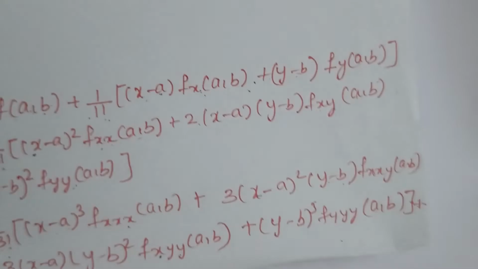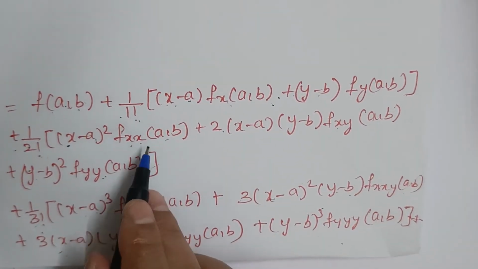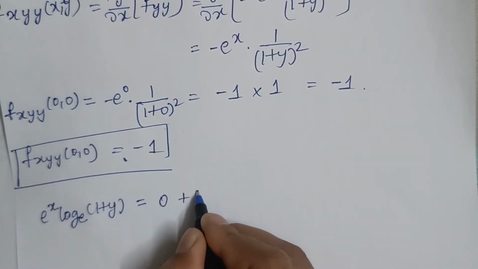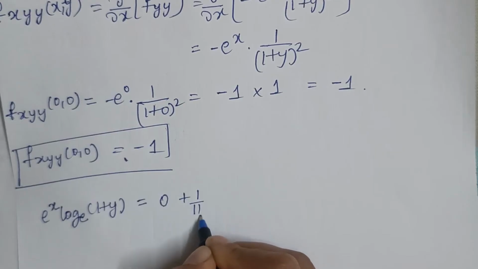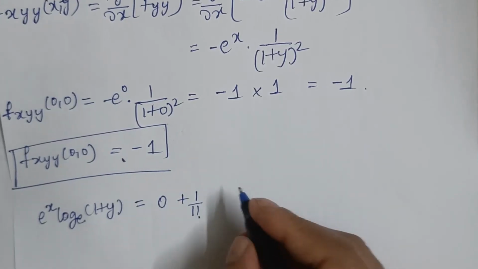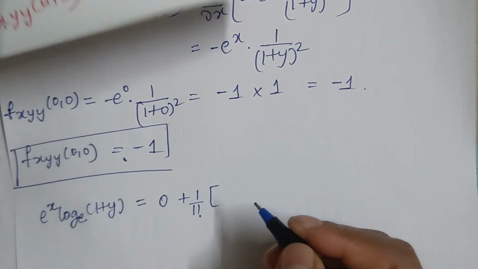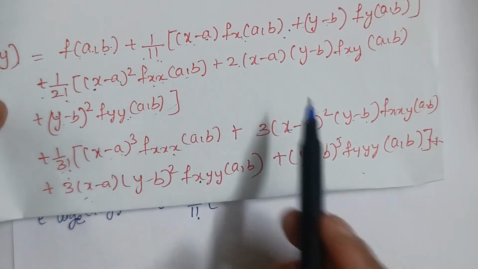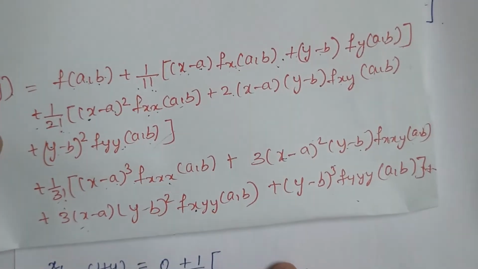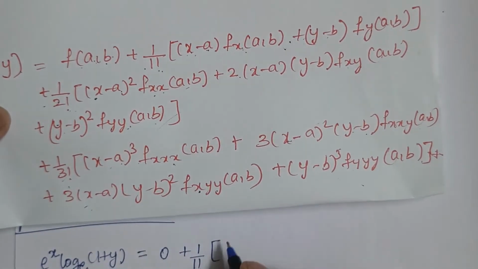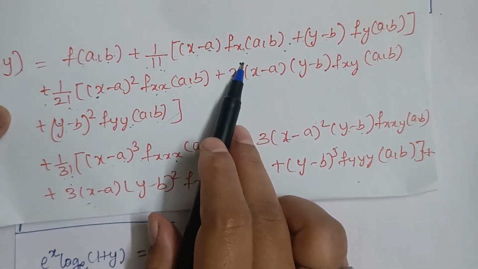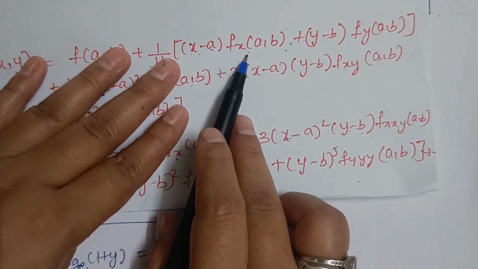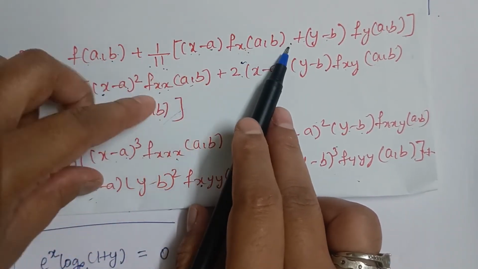Next, plus 1 divided by 1 factorial into x minus 0, I'm just writing it as x, f suffix x of 0 comma 0.